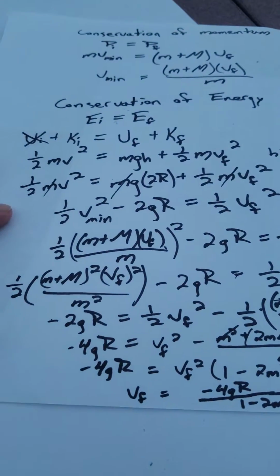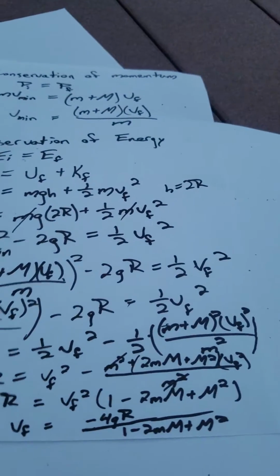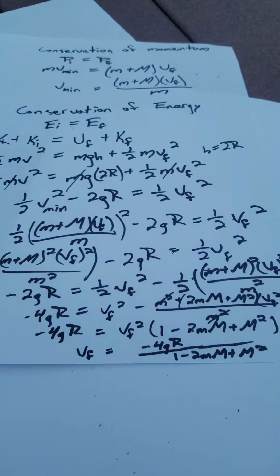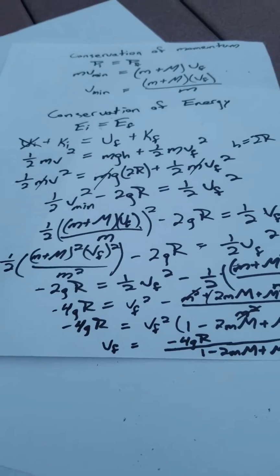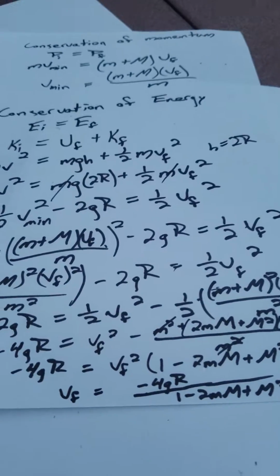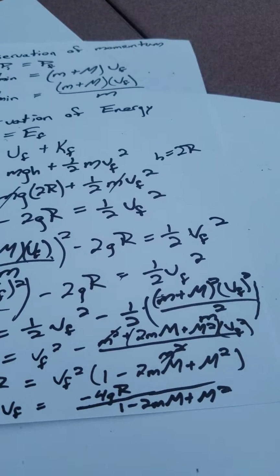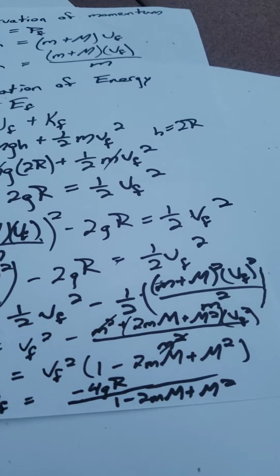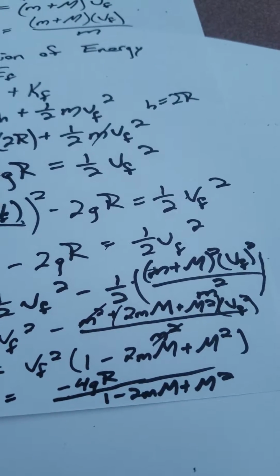So now I have negative 2gr equals 1/2 vf squared minus the whole thing there. I subtracted over. So then I pulled out the 1/2, and then I multiplied it to the other side. I get negative 4gr equals vf squared minus m squared plus 2 lowercase m times capital M plus capital M squared times vf squared over m squared.